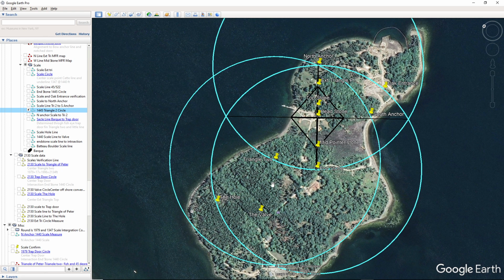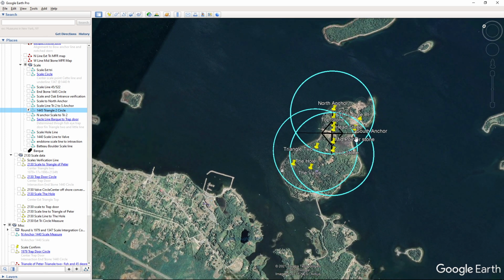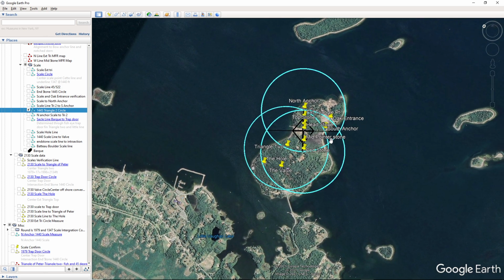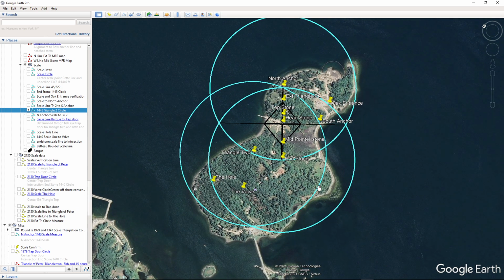But then I realized that somebody had mentioned in the comments that the location of the south anchor isn't really verified within this 1445 theory. So this scale.